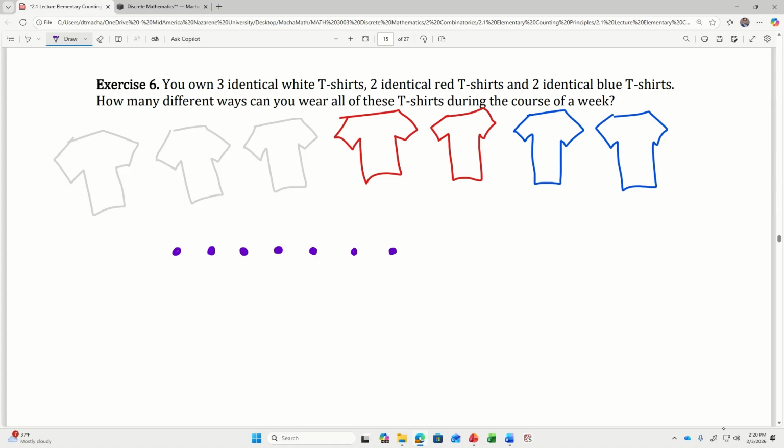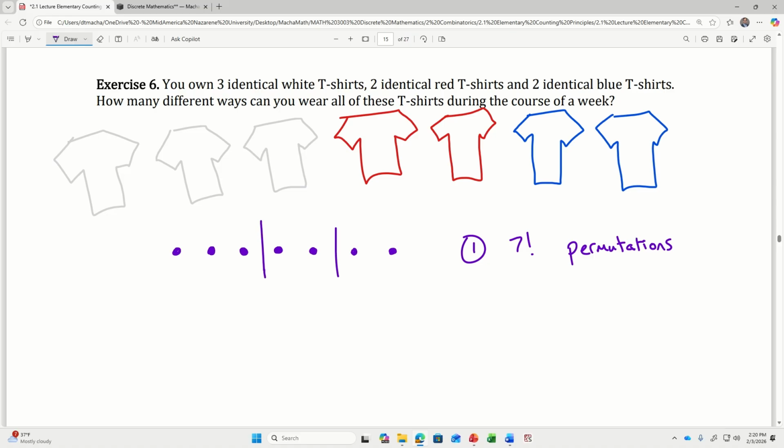How many different ways can I permute 7 t-shirts? 7 factorial permutations. But then I'm going to have groups of 3, 2, and 2.